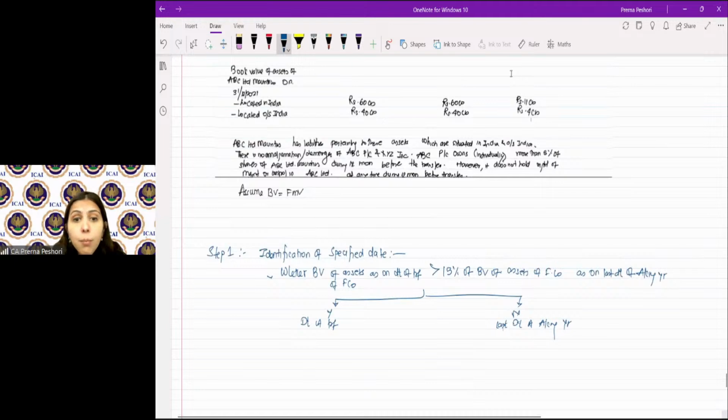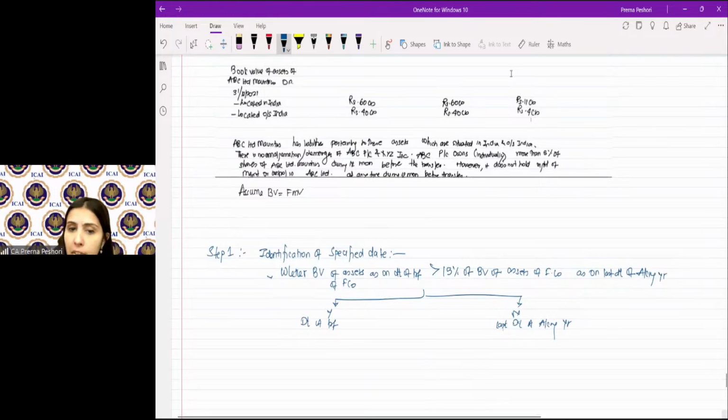Now, whether it is more than 115% of the book value of the assets as on the last day of the accounting period. What is it on the last day of the accounting period? 100 CR. So the book value of the assets as on the last day is 100 CR, and as on the date of transfer is 114, right?